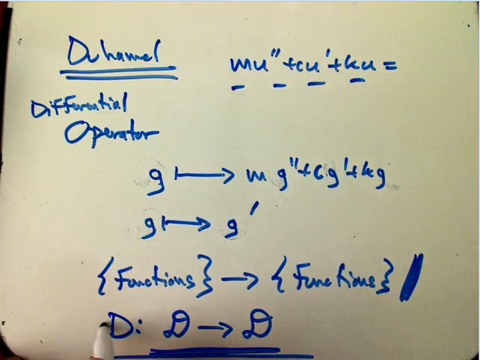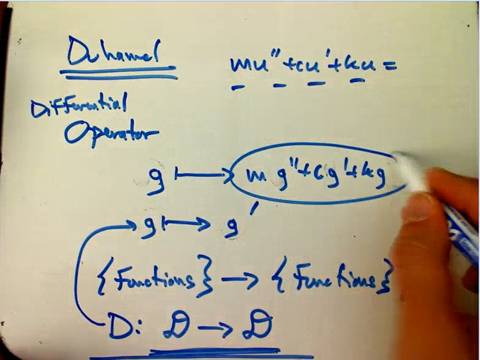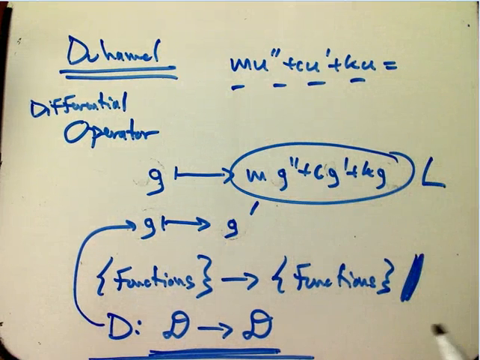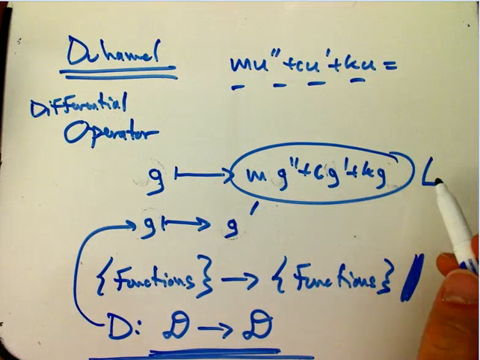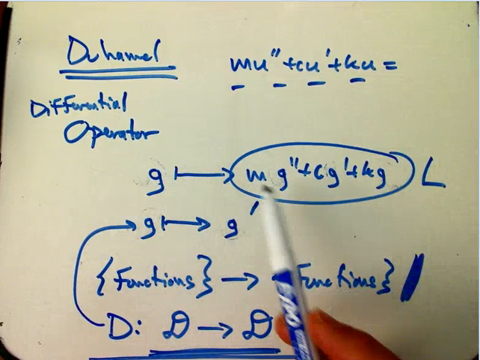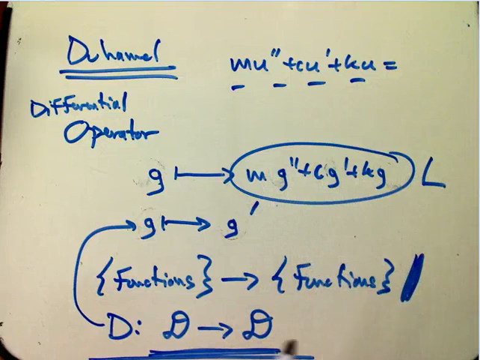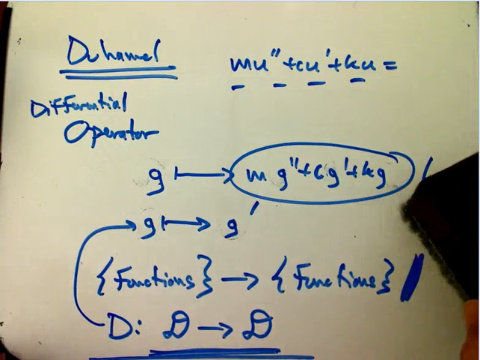So the definition is simply that it takes a function and differentiates it. But we could call this guy something else. We could call that L for linear differential operator. It's just defined to be the thing that takes g and spits out this combination for some coefficients m, c, and k. Okay, so the L is going to depend on the m, c, and k, but I'm not explicitly indicating that in the notation.